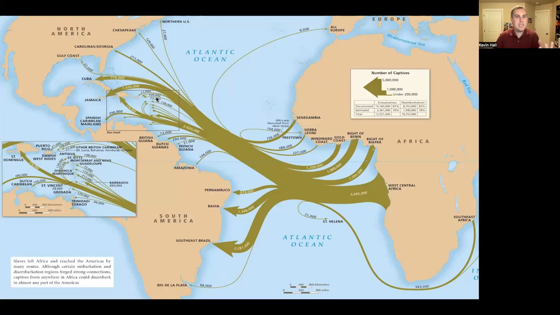So what we're really seeing is that, yes, fewer slaves were going straight to the colonies. However, it is because the colonies wanted sugar that so many slaves were sent to the Caribbean to work the sugarcane fields and then send that sugar to the colonies.